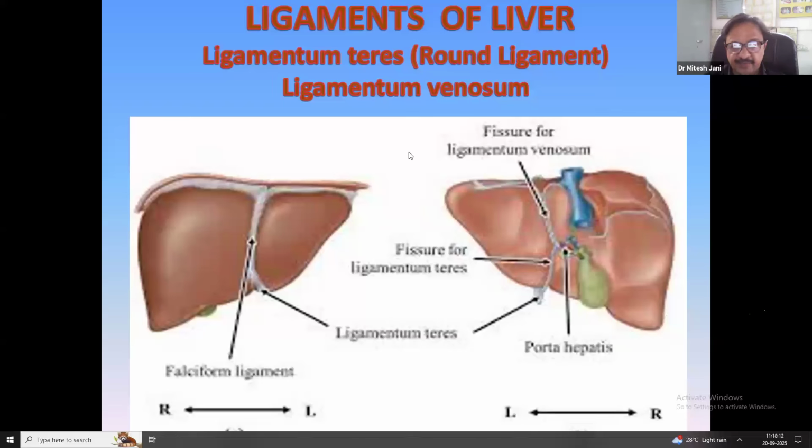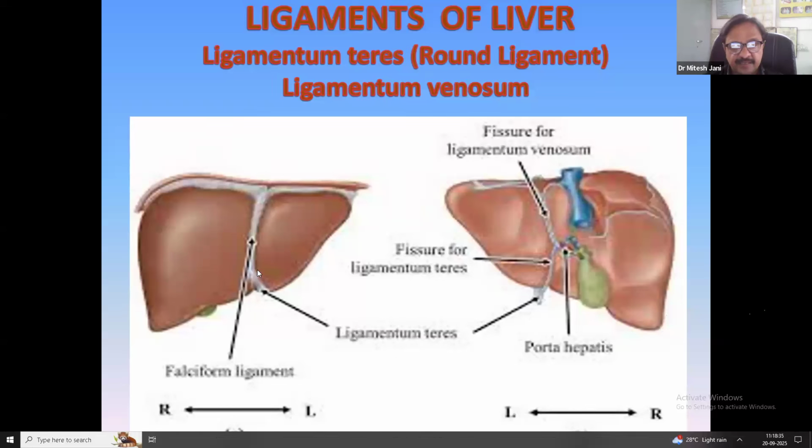In fetal life, the umbilical vein joined with the left branch of the portal vein, not after birth. This ligamentum teres is also responsible for separating the left lobe from the right lobe.